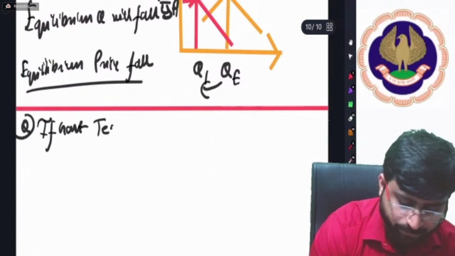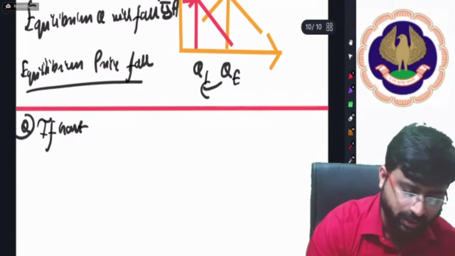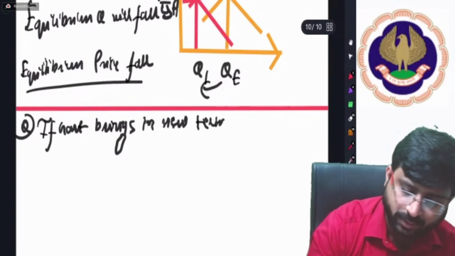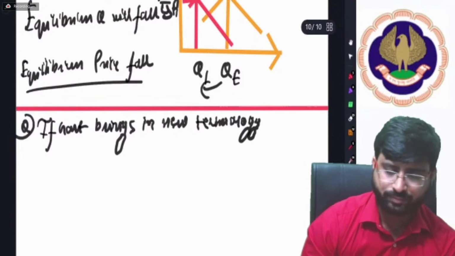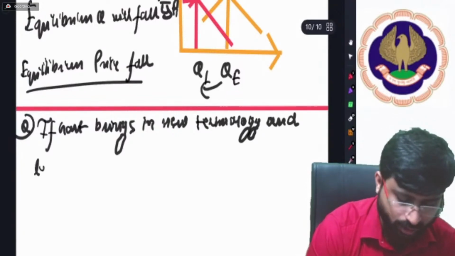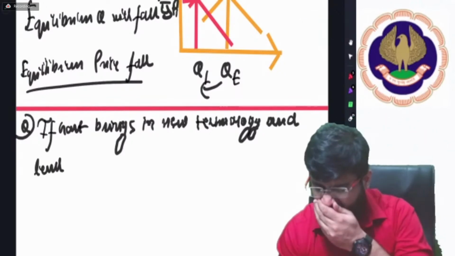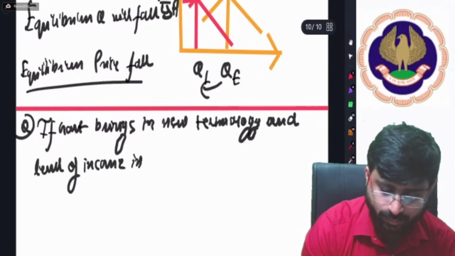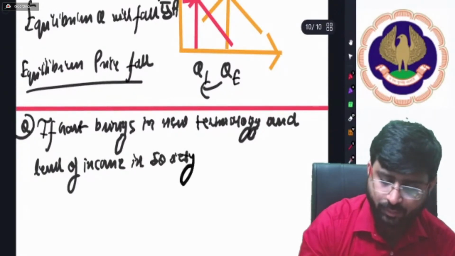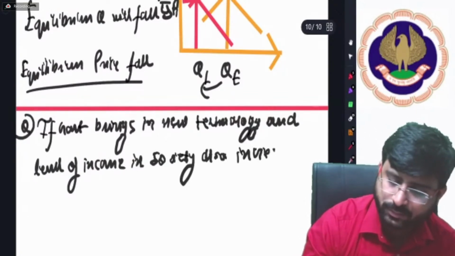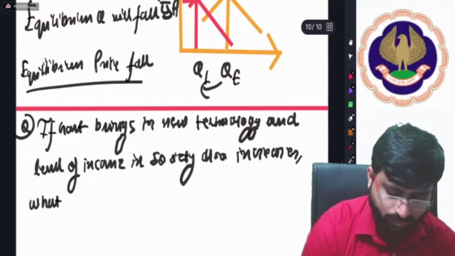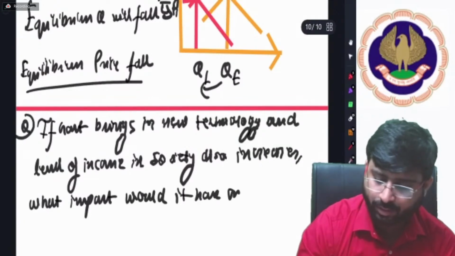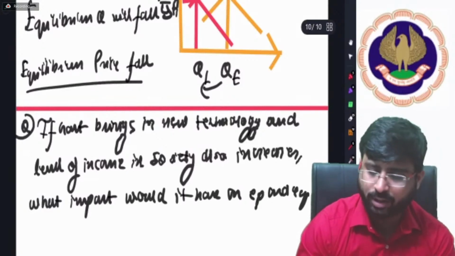If government brings in new technology and level of income in society also increases, what impact would it have on equilibrium price and equilibrium quantity?